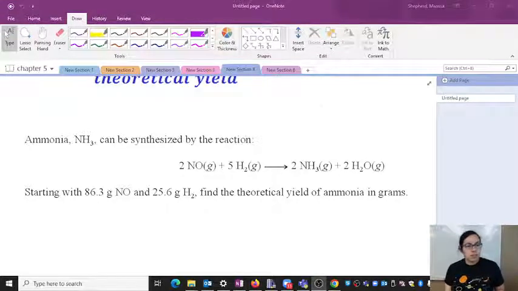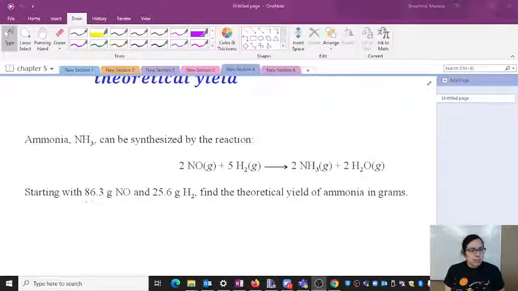So let's do this warm up and see how we're feeling on moles and if we can solve this. We have ammonia, which can be synthesized by this reaction, and luckily it looks like they balanced it for y'all. So we have 2 equivalents of nitrous oxide plus 5 equivalents of hydrogen gives us 2 equivalents of ammonia plus 2 equivalents of water.